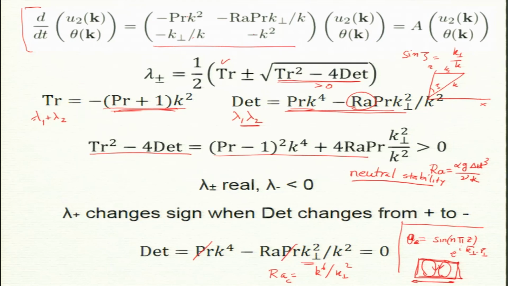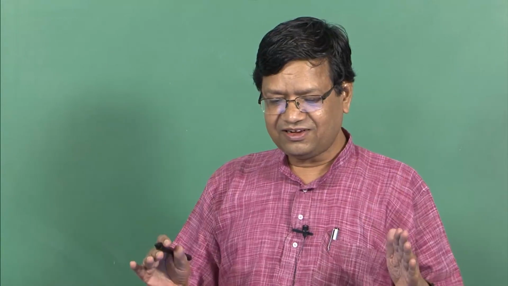I am going to show you a bit of it, but you can easily see that the dimension of the roll will tell you k perp and k. Well, k parallel is n pi, that is kz, and k perp is the horizontal direction wave number, coming from kx. One more point, let us make sure you understand this: my u1 is 0, that means it is a 2D system.